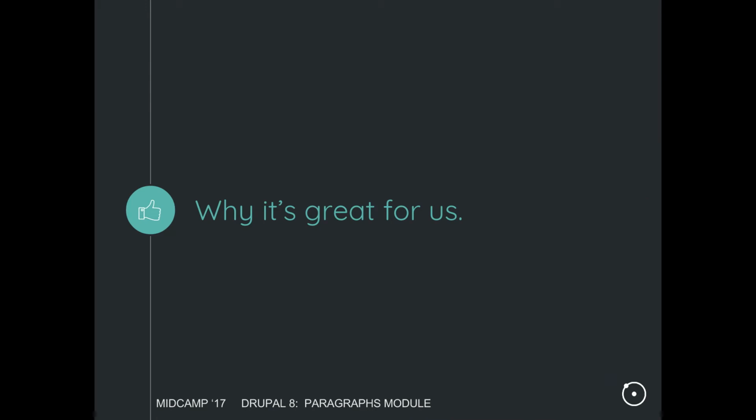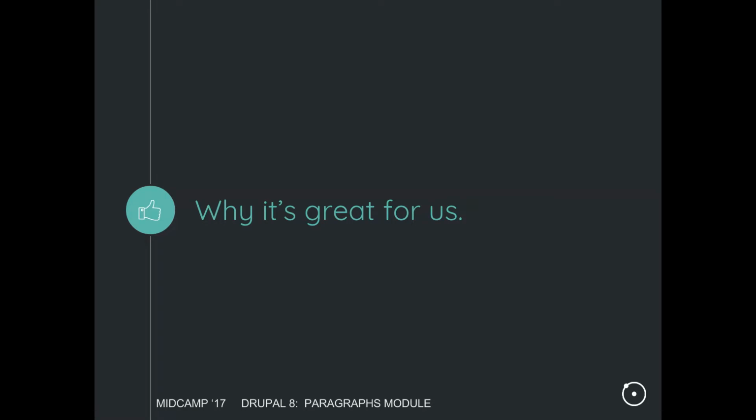So when we first dove into Drupal 8, we were looking at all of our options, and we were looking at configurable blocks, field collections. In Drupal 7, we were using the Beans module. The Beans module allowed us to create different configurable blocks that are stored in another place in Drupal, and then you just reference them from your page.